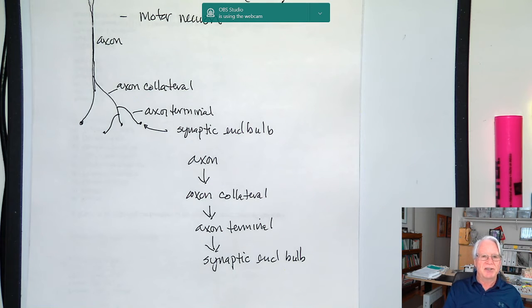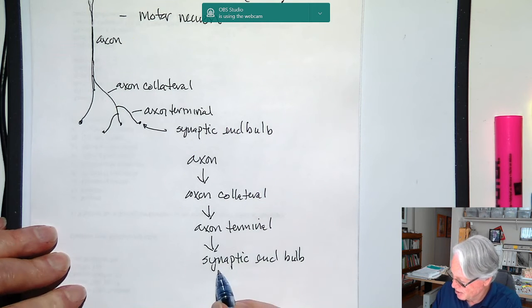That's the order in which that signal, which originated in the cell body, is going to move. All right. Let's talk a little bit about the synaptic end bulb.